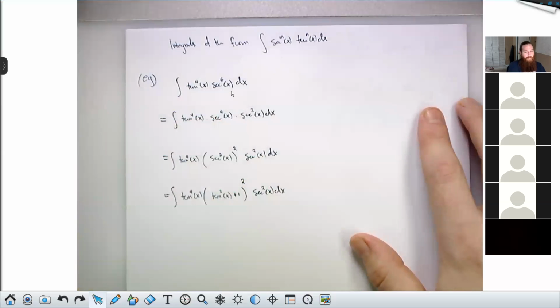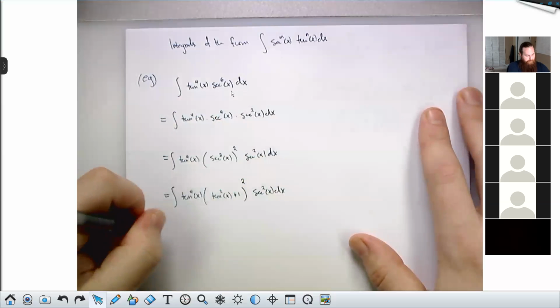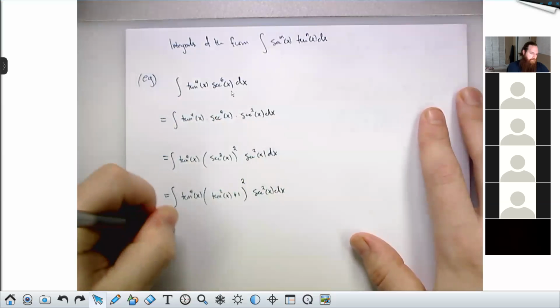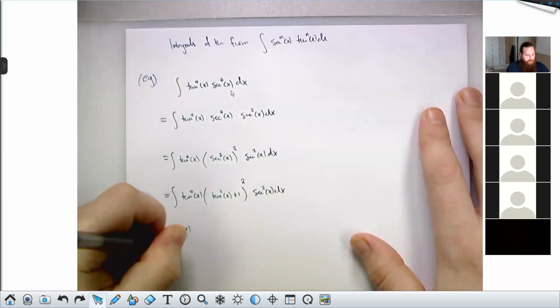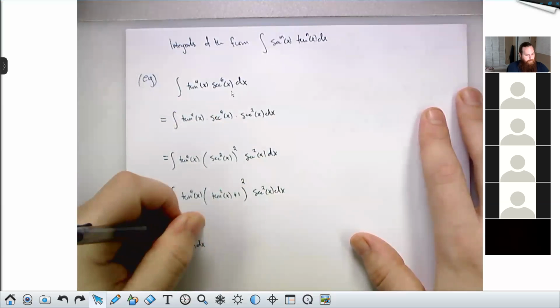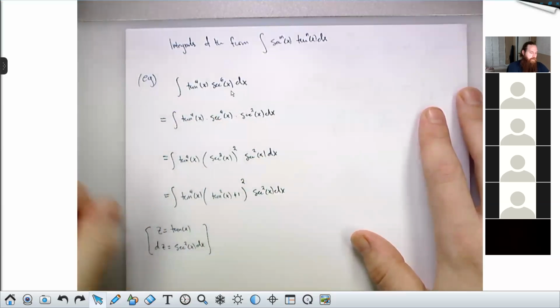And now I'm ready to substitute for tangent. The derivative of tangent is secant squared. That's why I pulled those 2 copies of secant to the side.